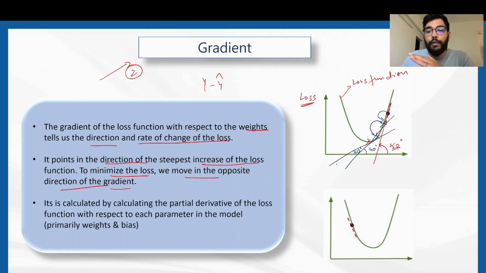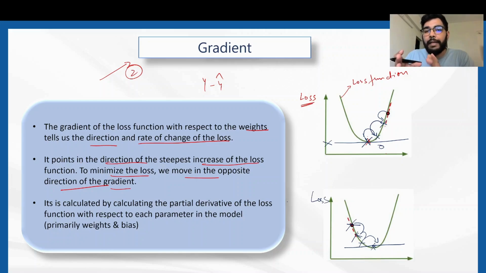And gradually moving in the opposite direction, reducing the positive slope that we had, we'll reach this particular point where the slope is 0 and the loss is minimized. Similarly, if we were to start from this other point, we would go in this direction, one by one, in the opposite direction of the initial slope, and reach a point where the slope becomes 0 gradually and the loss function is minimized.